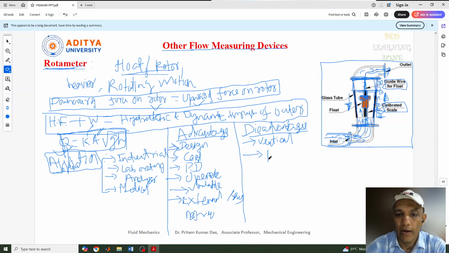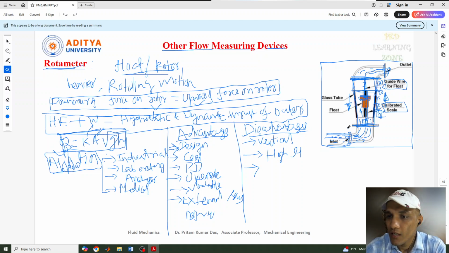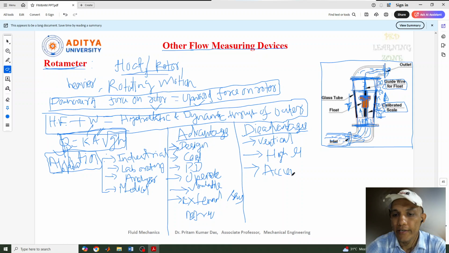For high viscous fluid it will not be used. And it has limited accuracy at high flow rates. Accuracy matters when it comes to high flow rates. So these are some points for the advantages, disadvantages and applications.